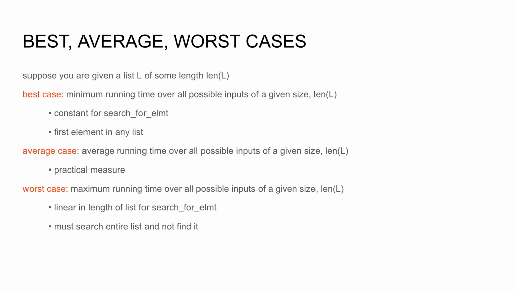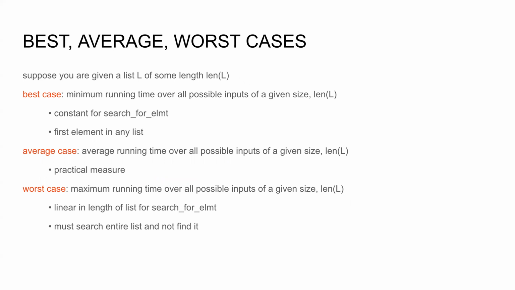All right. Suppose you're given a list of some length L. Now, the best case is defined as the minimum running time over all possible inputs of size n. So it's constant for such an element because it's first in any list. The average case is the average over all the possible inputs of a given size.